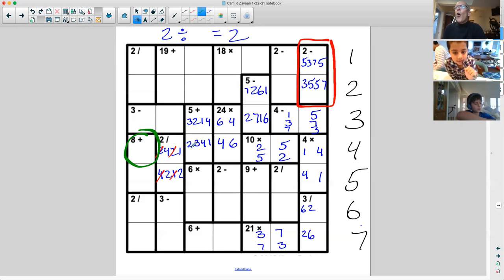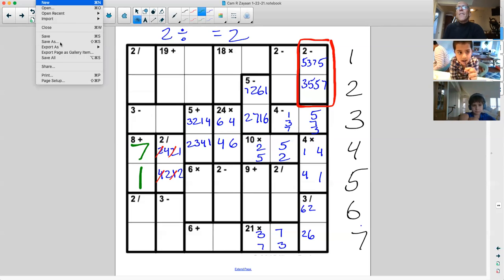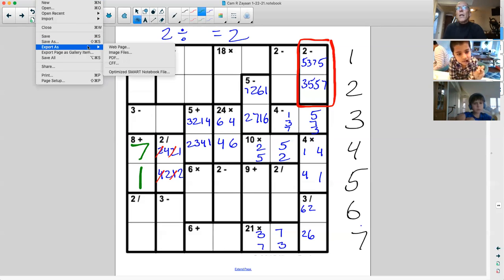What's the only number that we haven't filled in on this row? The only number we haven't put there is a 7. So this must be a 7 and a what? 1. And gentlemen, we found our first definitive squares.